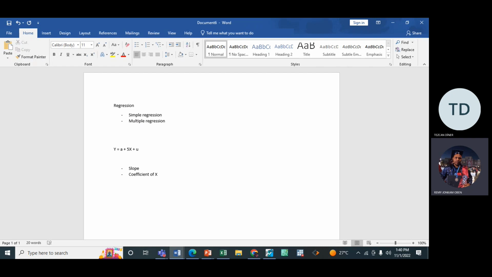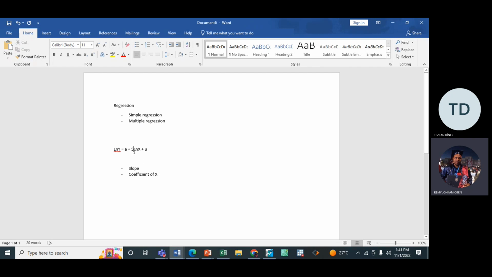and let's assume that everything is in percentage. Let's assume we're using log, right? I told you with log regression, we express everything in percentage. So let's assume this is a log regression, with ln y and ln x.